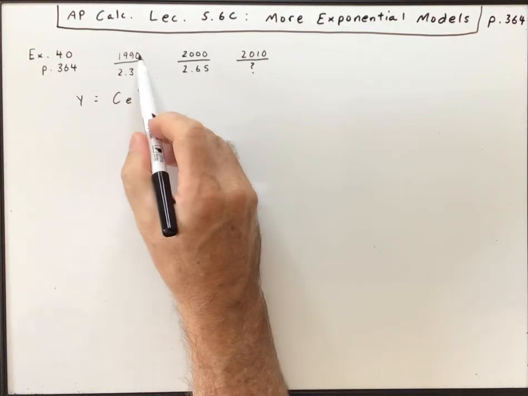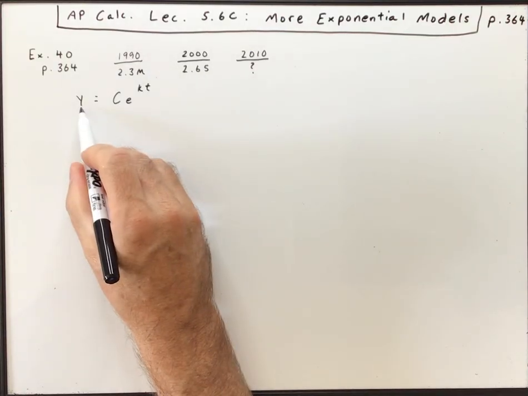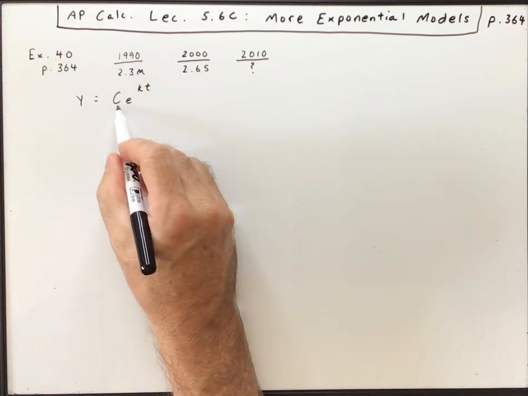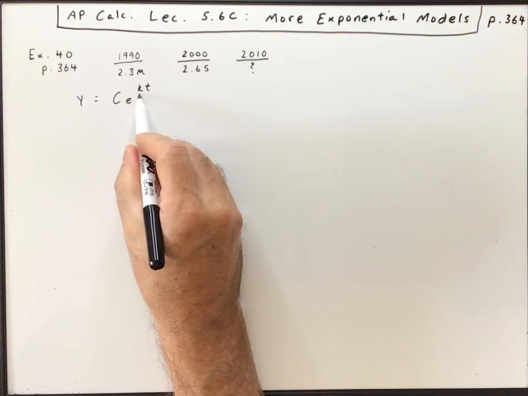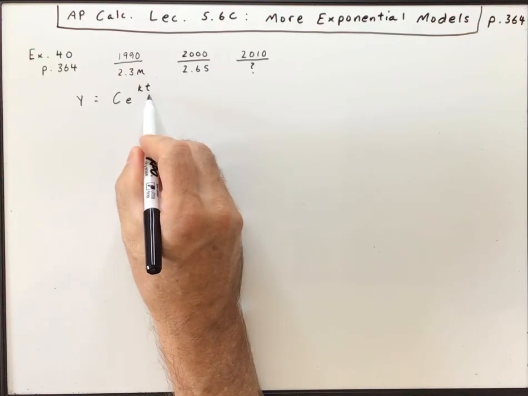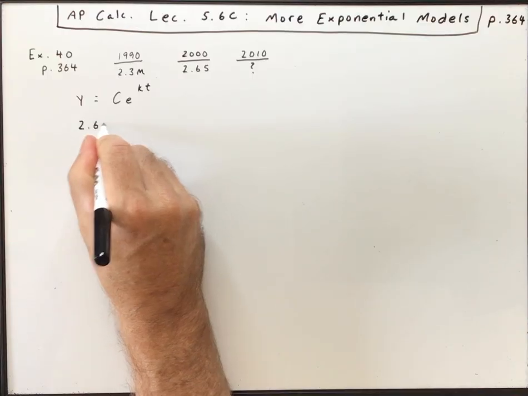Year 0 is 1990. So y would be our projection, and C would be the 1990 population. We don't know k, but we have enough information to figure out k because we know what t is. So y is going to be 2.65 million.